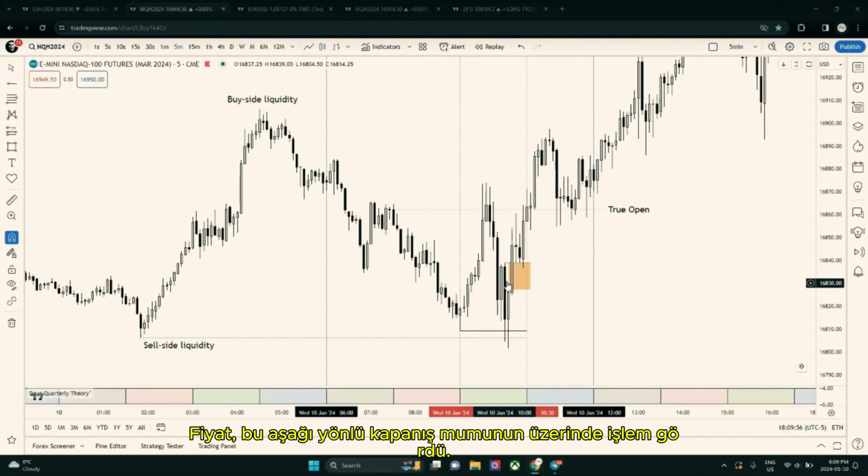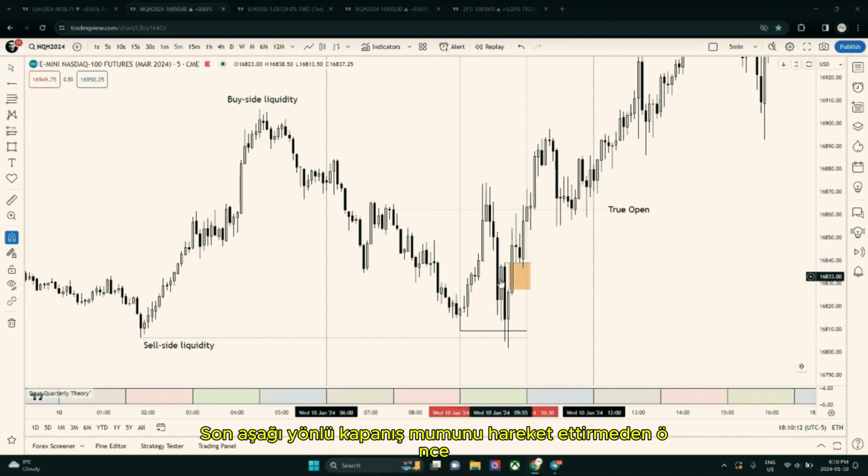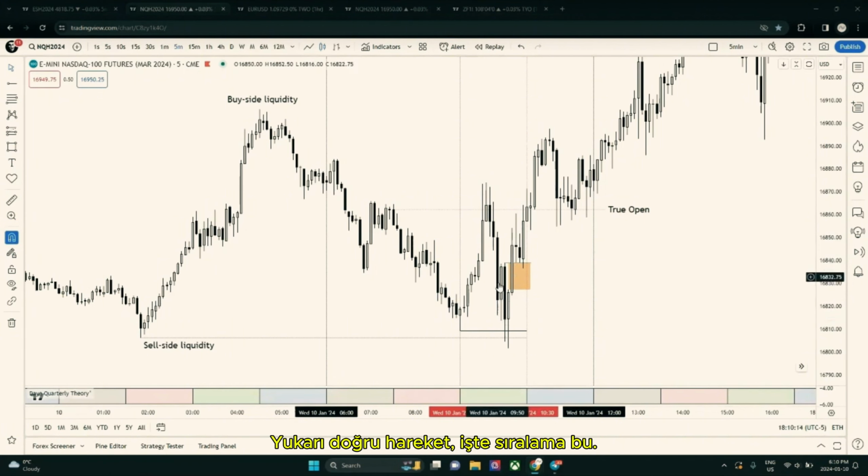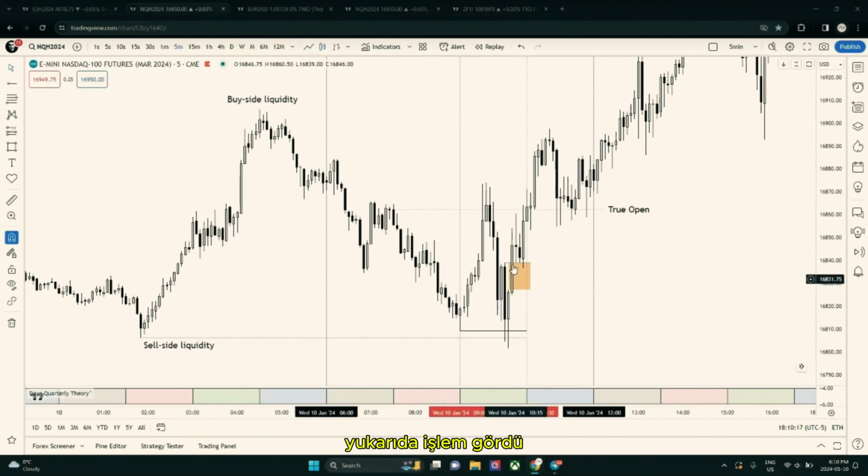After price traded above this down close candle right here, which is an order block. You know, basics: the last down close candle before the up move, right? This is the order block right here. So price took liquidity, traded above here, right?